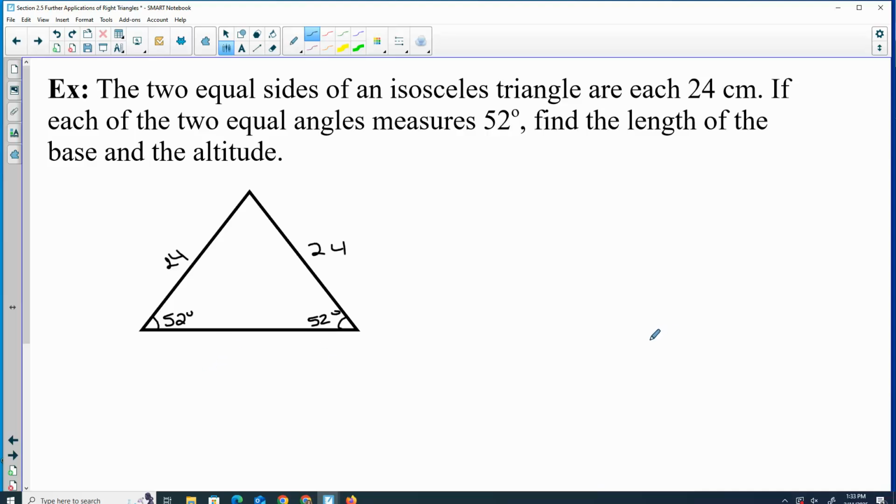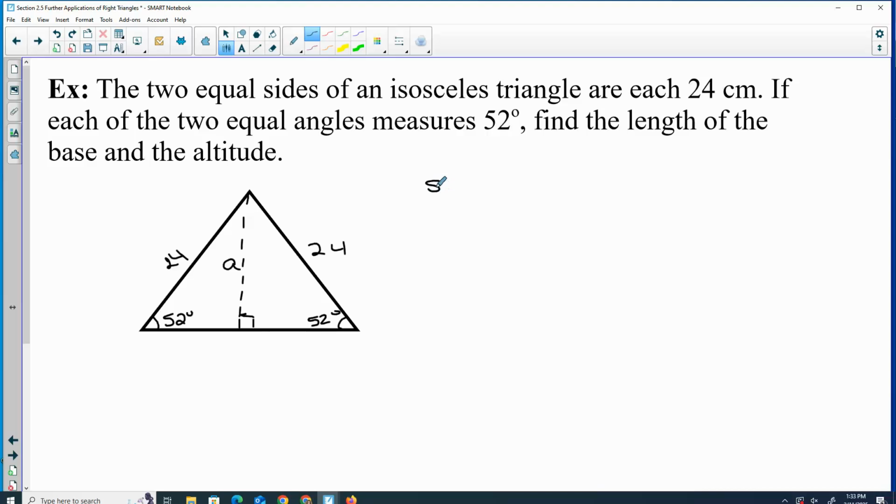Where's the altitude? The height, so we drop this perpendicular. If I want to find that, we really have to consider half of this triangle so that we have a right triangle. So we can find either one of these first. If I call A my altitude, I want to find that. What trig function would we use?